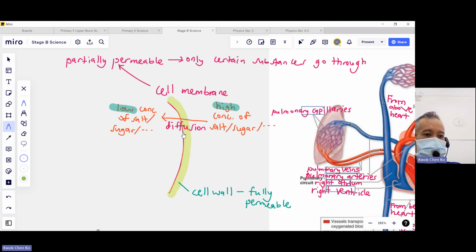That is the word that they use. Right, so guys, write down. That means outside is low water potential, a lower water concentration outside. Whereas on the other hand, inside the cell you have a low solute concentration, so that is high water potential.